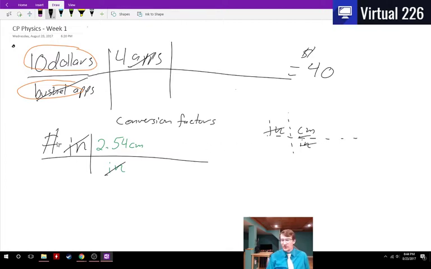Whatever your number was, 3/4, 5/8, 7/4, whatever, times this conversion factor. I just know it off the top of my head because I've done it a billion times. It's super useful for inches to centimeters. But if you didn't know that, you would just have to look it up. You'd have to Google, how many centimeters are in an inch? And Google would say 2.54 every single time.